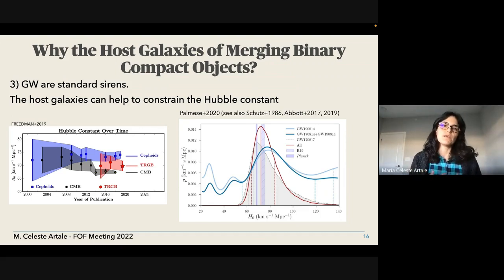So this will be a new way to constrain the Hubble constant. There are many other reasons, but I will move on because I would now like to focus on the work and all the results that we have so far with collaborators.